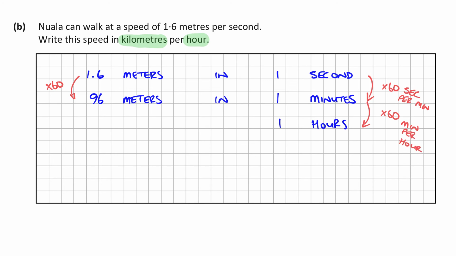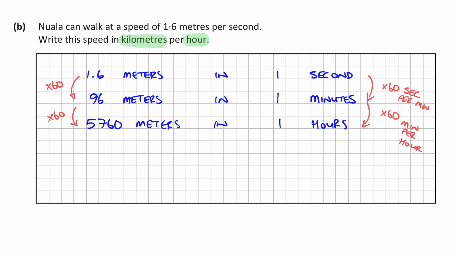Okay, so if I times the right hand side by 60, I have to do the same to the left hand side. And if I times that by 60, I'll be left with 5,760 meters. So there's 5,760 meters in an hour.